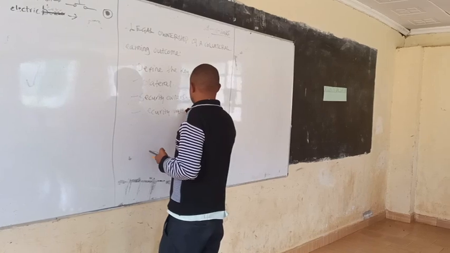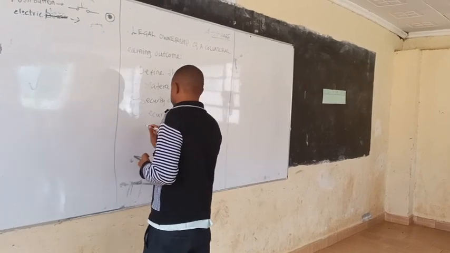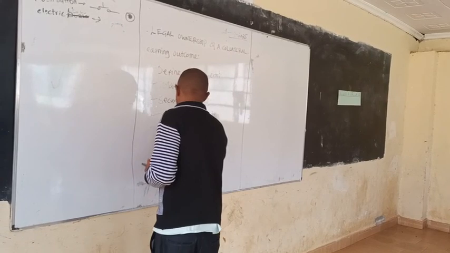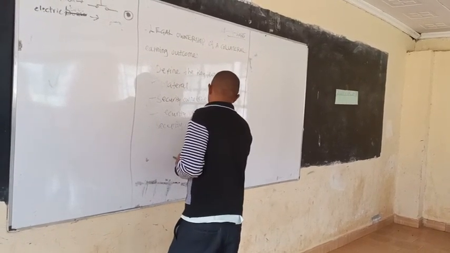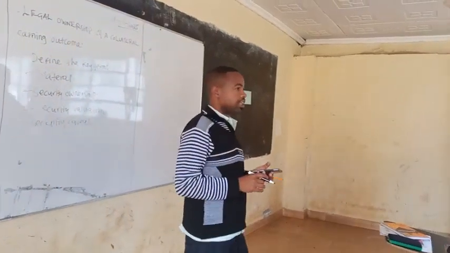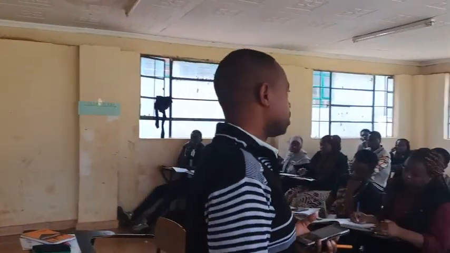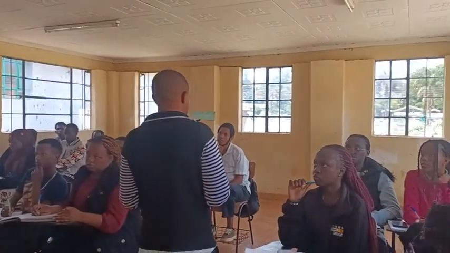And finally, I want us to be able to define security caveats. Security caveats. Okay? So what I want us to do, I want us to carry out an activity.